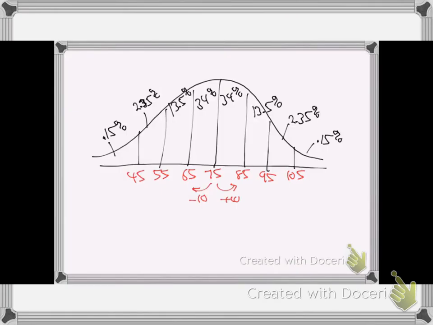So if Carol got 85 right here, what percentage is below her, to the left of her? Well, all these, right? You with me? This is Carol, right on this line, 85.